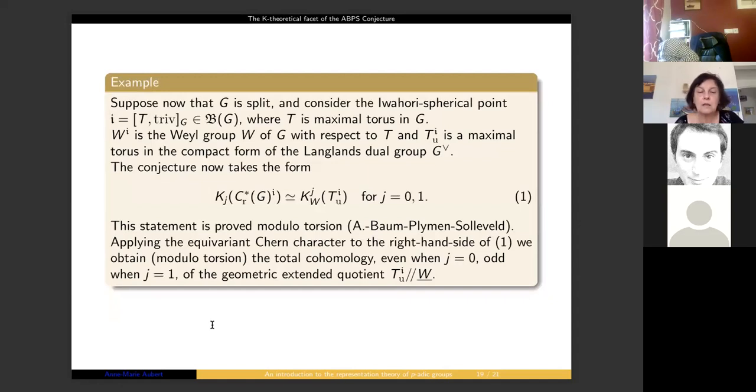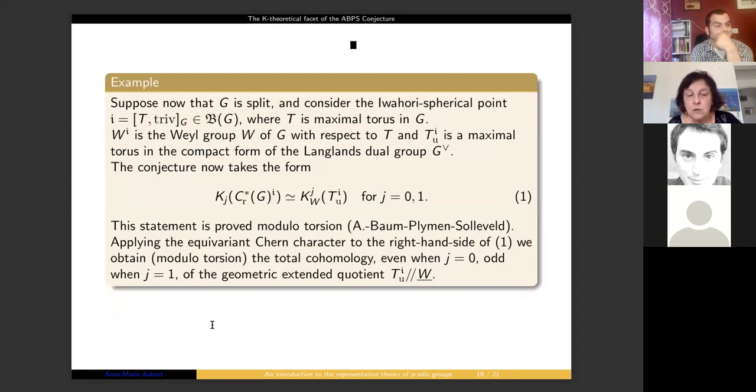So we can look at this conjecture in a special case when the group is split and when the Bernstein component S is the Iwahori one, which means that I will replace S by I, and I will take for the Levi L the maximal split torus T in G, and for the representation sigma, just the trivial representation of that torus.